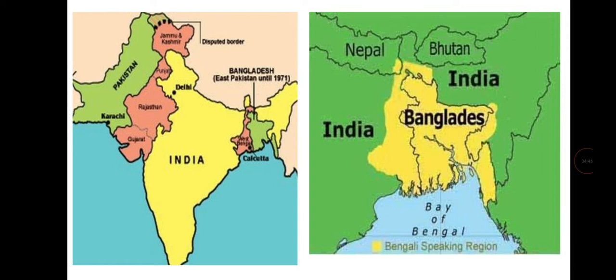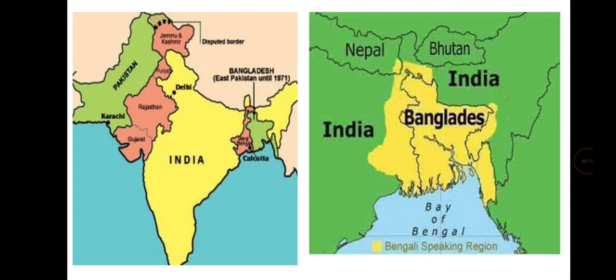Like the ruins of the Harappan civilization and the University of Taxila, the birthplace of Guru Nanak, Nankana Sahib, and some monuments from Mughal times are in Pakistan, but they belong to India. So these are common between India and Pakistan, and in this way it is historically linked with India.